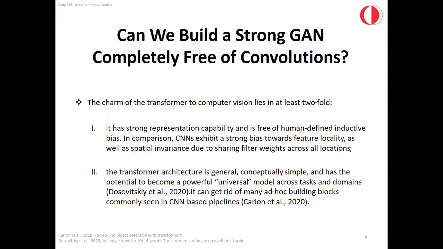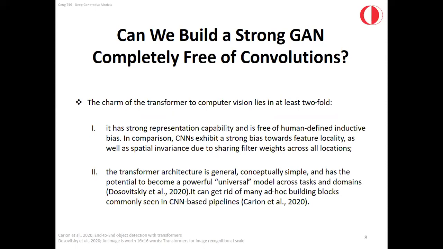There are two reasons why transformers have been used in computer vision. One is that they have a strong representation capability and are free of human-defined inductive bias. In comparison, CNNs exhibit a strong bias towards feature locality, as well as spatial invariance due to sharing filter weights across all locations.